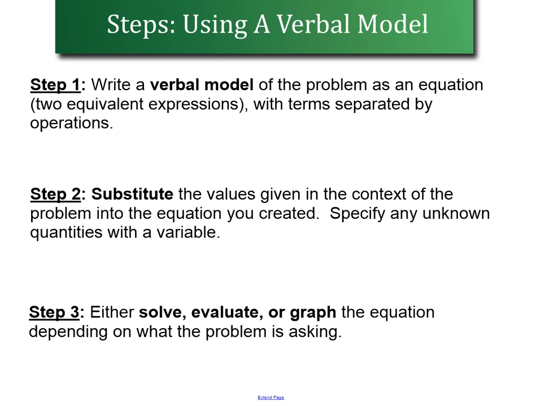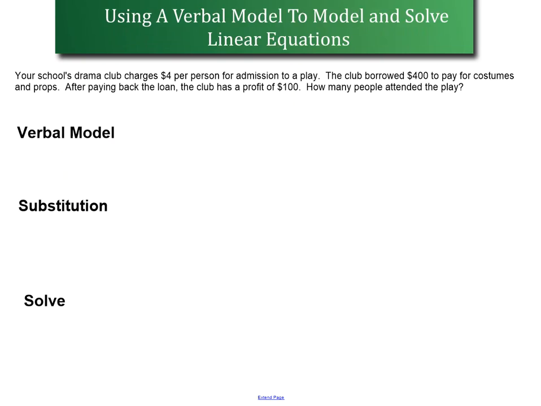Okay, so let's see what this verbal model situation looks like in practice. So here's a problem. The school's drama club charges $4 per person for admission to a play. The club borrowed $400 to pay for costumes and props. After paying the loan, the club has a profit of $100. How many people attended the play? So what you're doing is setting up an equation that models this situation, and we're using something called a verbal model here.